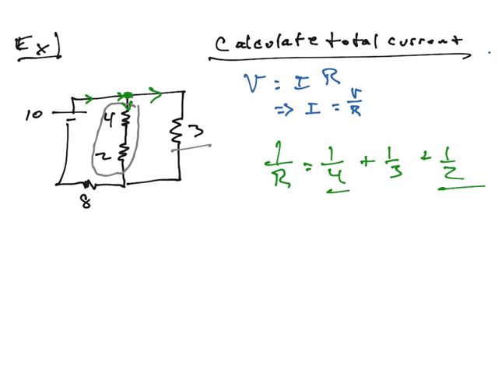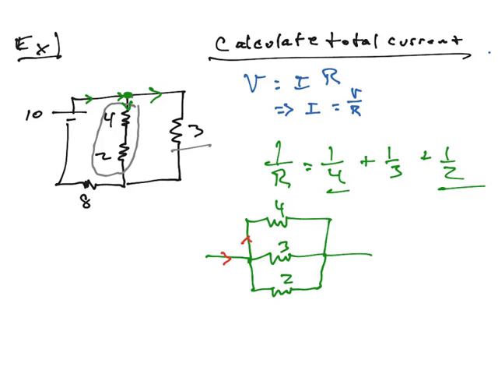What would that look like? Well, it could look like this. 4, 3, 2. That is 3 of them parallel to each other, because our little electron could go to the 4, it could go to the 3, or it could go to the 2. It's got its choice.